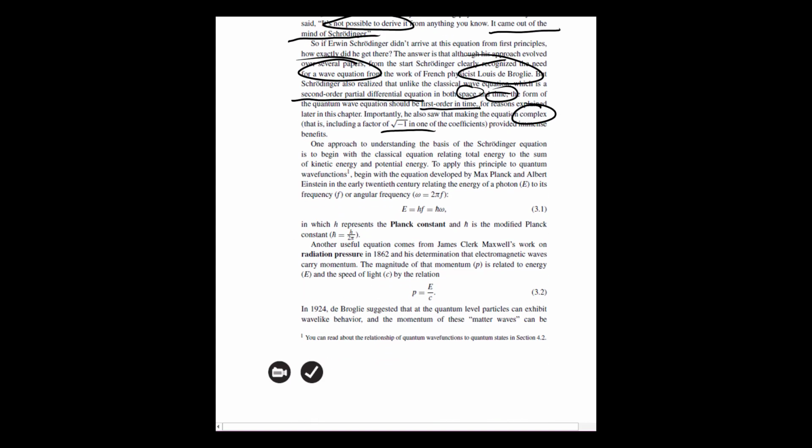So, to understand one way to at least justify, if not derive, the Schrödinger equation, we're going to use conservation of energy, specifically the classical equation, which says the total energy is the sum of kinetic plus potential. And to get from there to the Schrödinger equation, it really helps to use this relation, often called the Planck-Einstein relation, which relates energy to frequency.